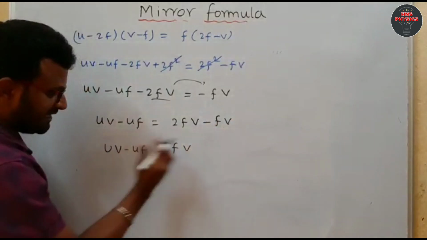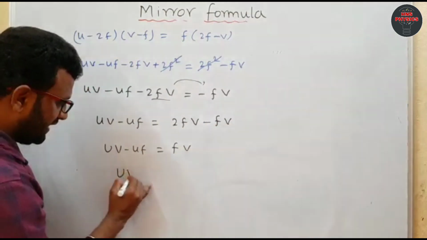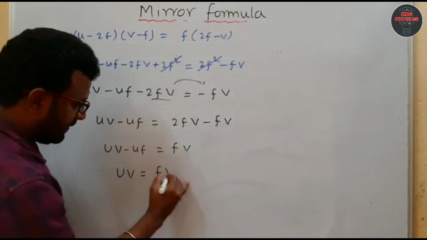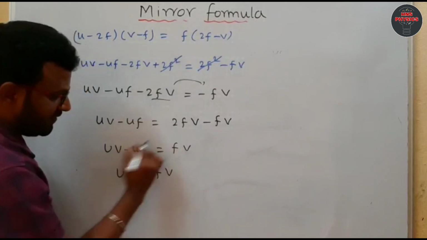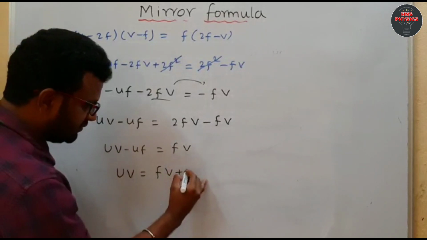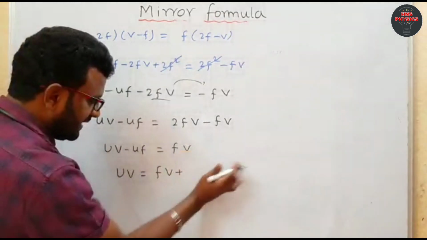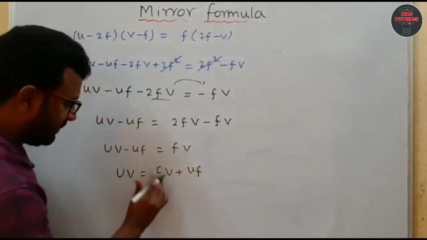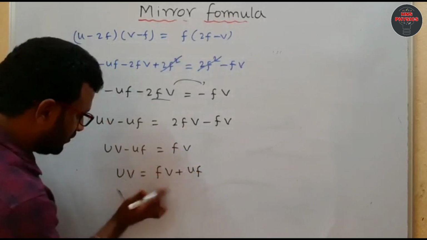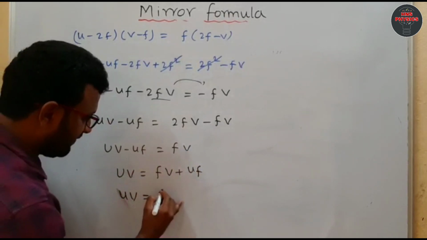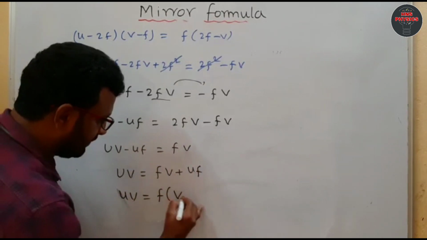Again I am sending this value to the right side, so uv equals Fv plus uF, which becomes positive on the right side. From here, uv is equal to, taking F common, F into (v plus u).